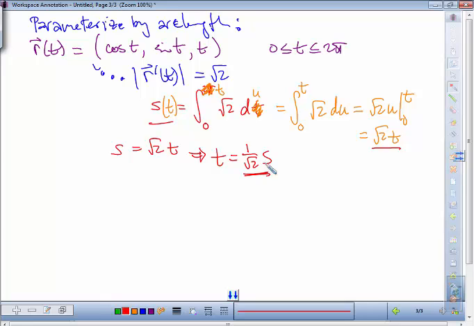This is going to be the value that I can use for my arc length.